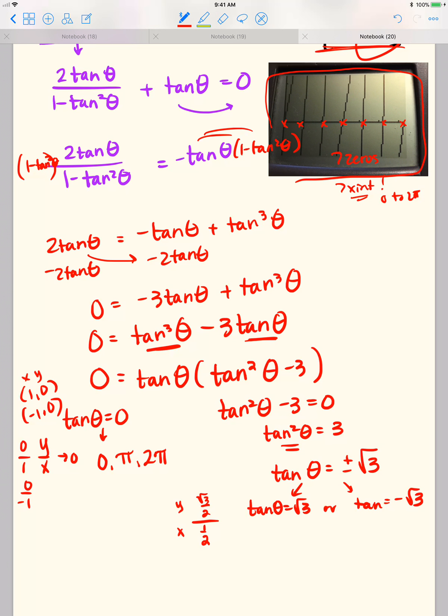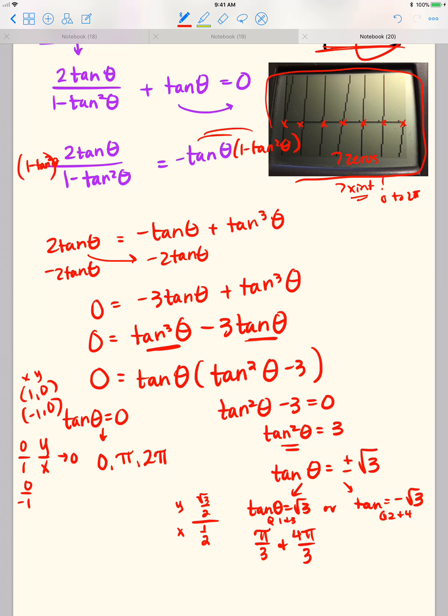And we need where it's positive root 3. That's going to come from quadrants 1 and 3, and we'll get pi over 3 and 4 pi over 3, where the tangent value would be positive square root of 3. And for the tangent value to be negative square root of 3, the tangent being negative will come from quadrants 2 and 4.